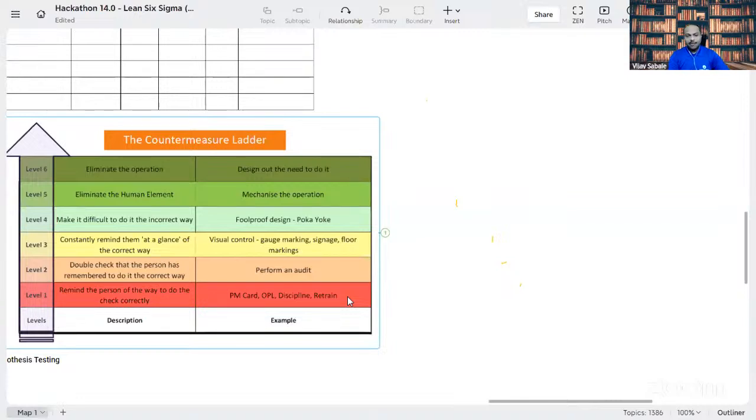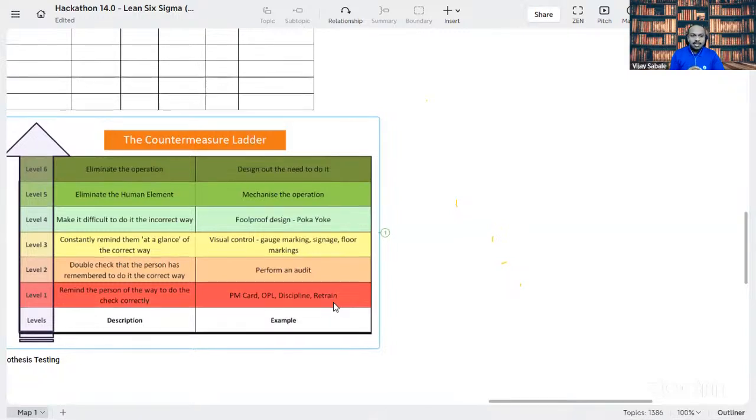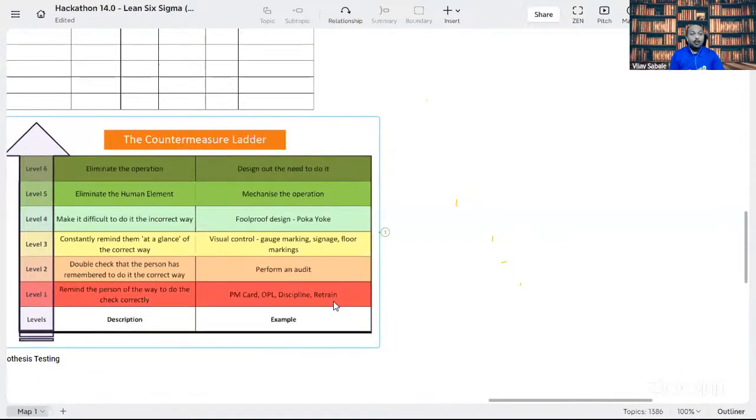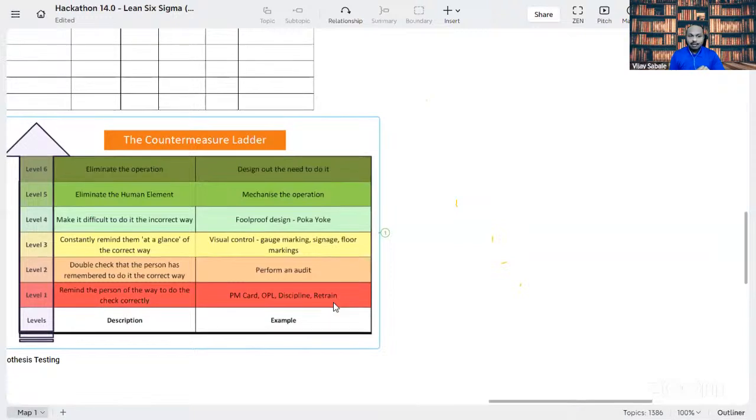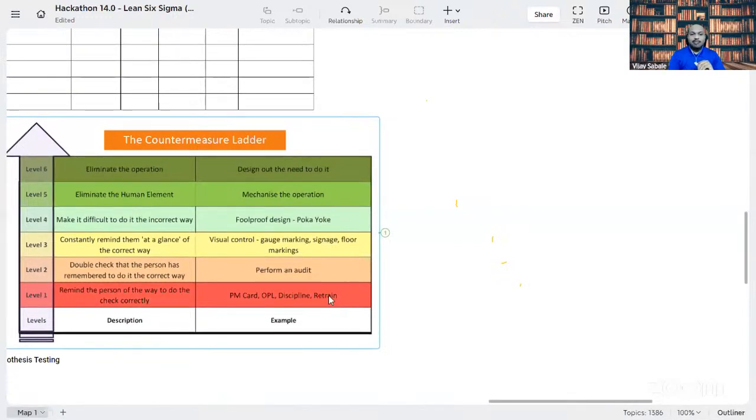If you execute a countermeasure at level 1, I'm not saying the problem will not be solved. It will be solved, but the problem is going to repeat again and again because there is total manual control, right? And this is called a weak countermeasure. We can start with it for immediate implementation, but our goal must be countermeasures at levels 4, 5, and 6.